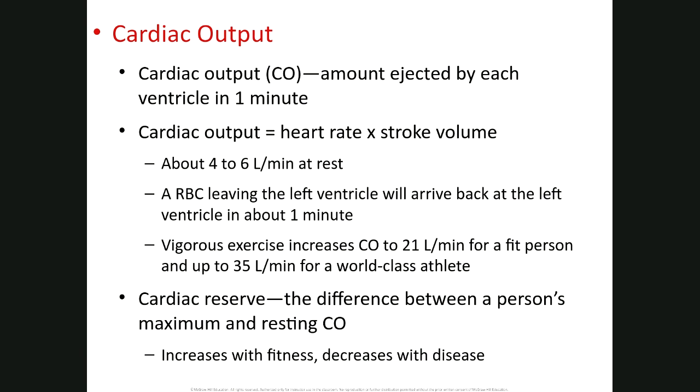So if you had 70 ml, how many of that 70 ml is pushed out in a minute? That's your complete cardiac output. So in a mathematical equation, cardiac output is the heart rate times the stroke volume. If you increase the heart rate, your cardiac output will increase. If you increase the stroke volume, your cardiac output will increase.